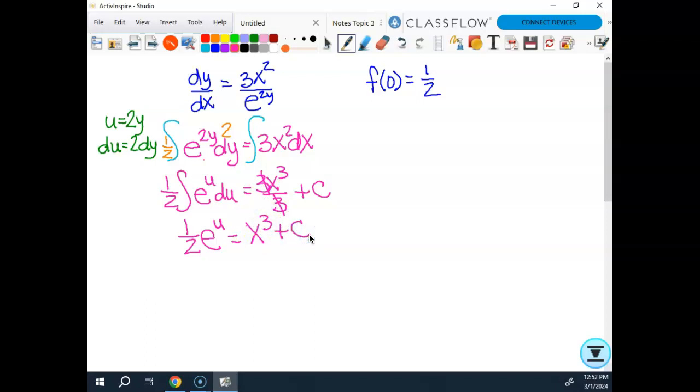And then I have to replace my u, right? 1/2 e to the 2y power equals x cubed plus c. Okay. We okay with that? Yes? All right. So we are going to stop here.